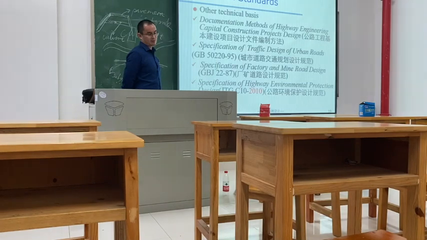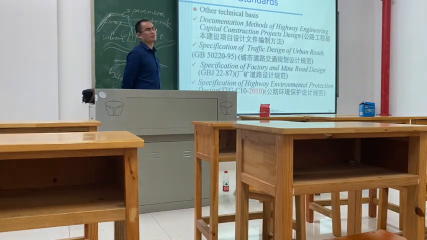Specification of factory and mine road design is very old. The code is GBJ 22-87.